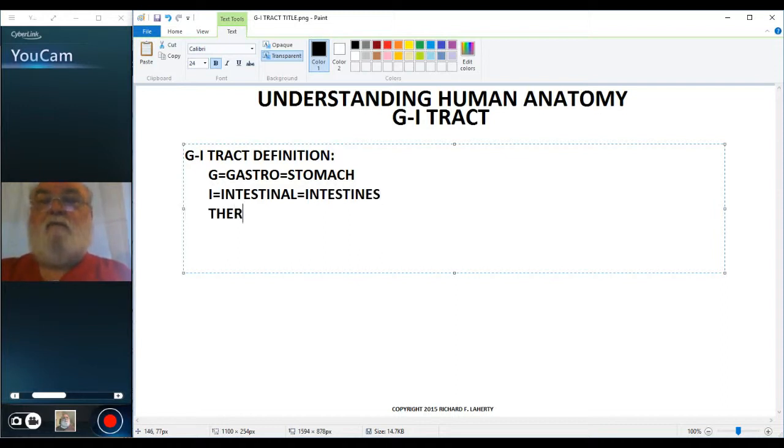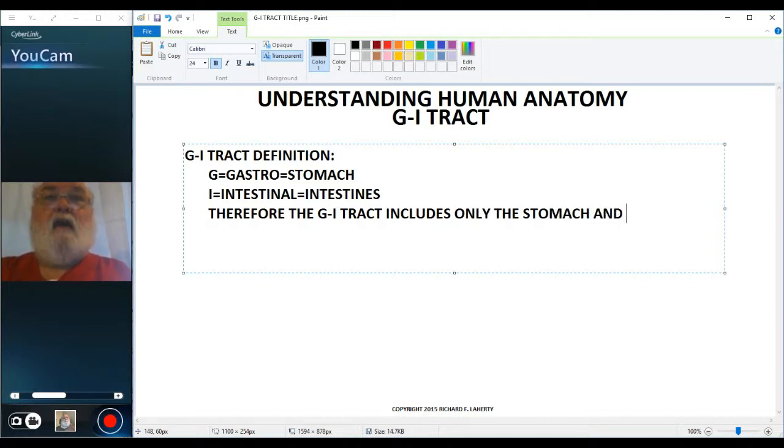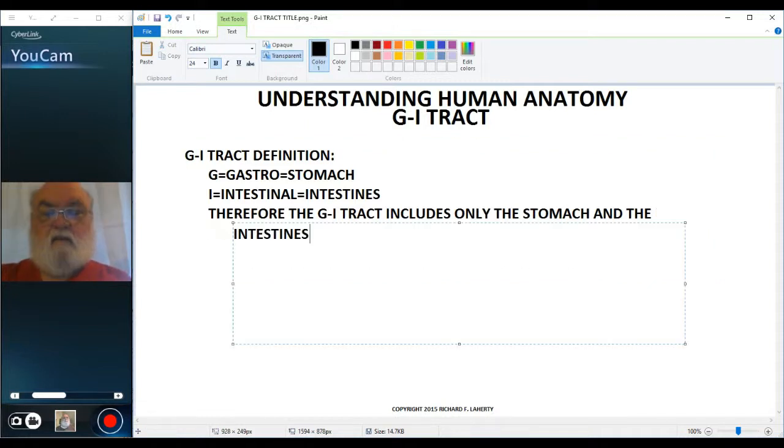Therefore, the GI tract includes only the stomach and the intestines and those structures derived from them.